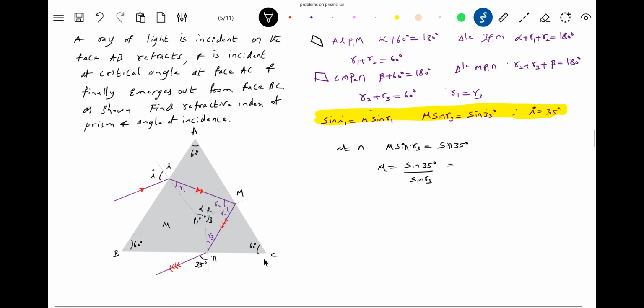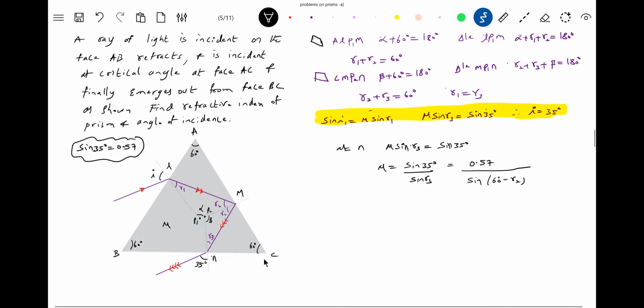Sine 35, let me check with the calculator. 0.57. So sine 35 degrees is 0.57, divided by sine R3, which is sine of 60 minus R2.